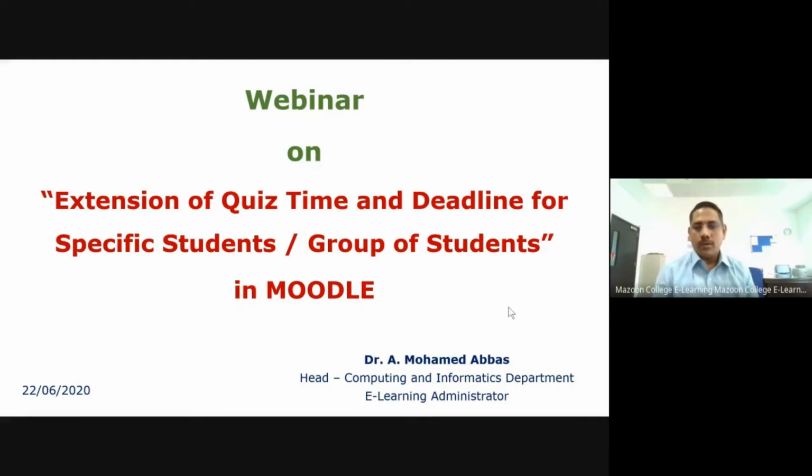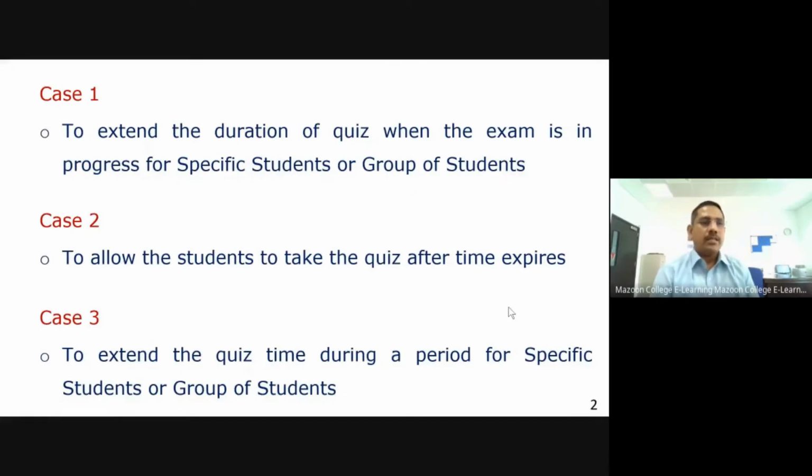For that, I'm going to talk about 3 cases in this webinar. Case 1: extending the duration of the quiz when the exam is in progress for a specific student or group of students. The exam has started. One student or two students or a group of students suddenly face a technical issue. Their system shuts down, or the internet fails.